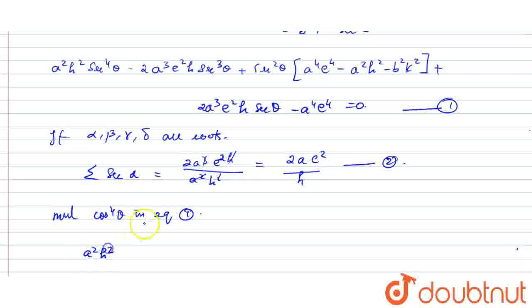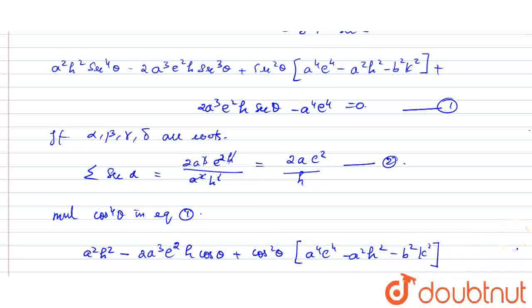a square h square minus 2a cube e square h cos theta, so cube value, so 3 times cos power 4 will cancel here, so the remaining value is 1 time, plus cos square theta into (a power 4 e power 4 minus a square h square minus b square k square).